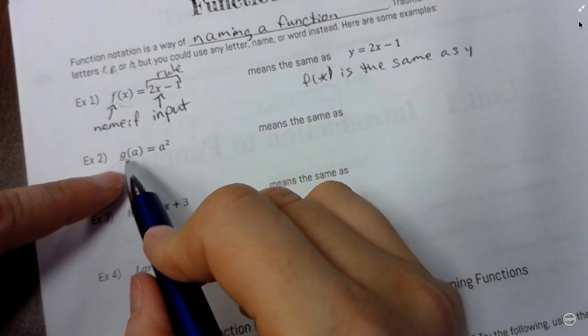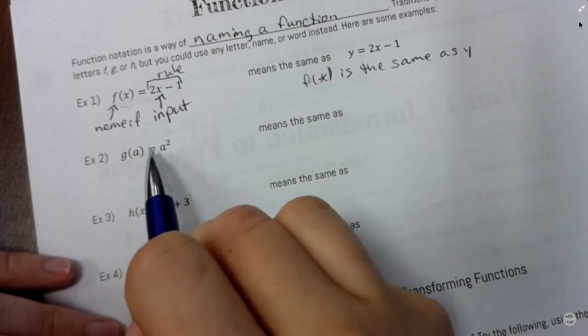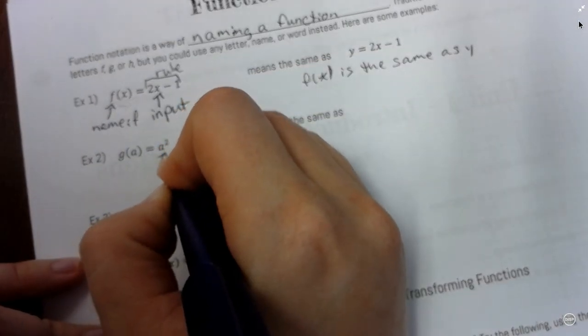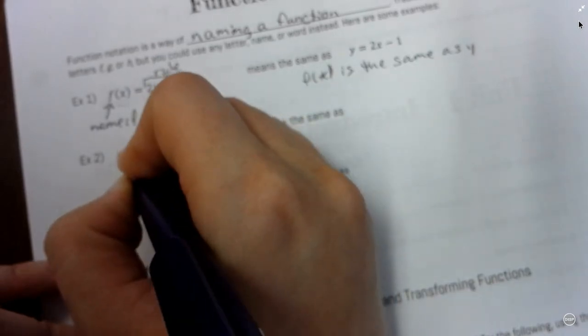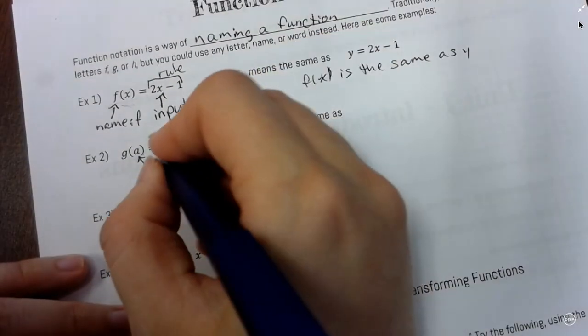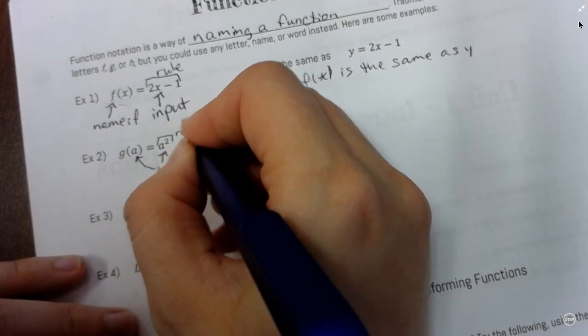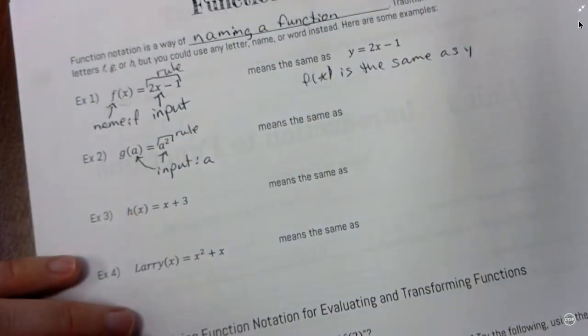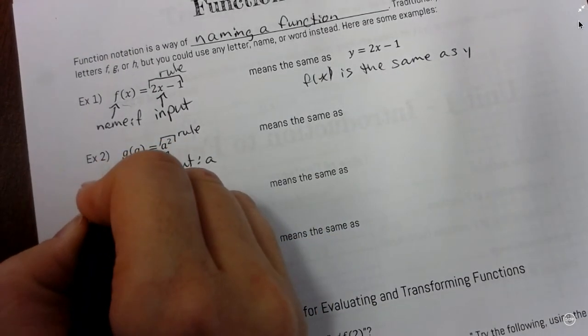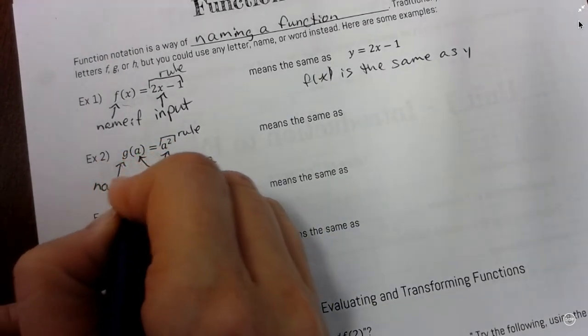So the next one. g of a equals a squared. So my input, and it's here too, that also tells you what the input is. The input is a. My rule, in this case, is a squared, so a times a. And I have named this rule g.